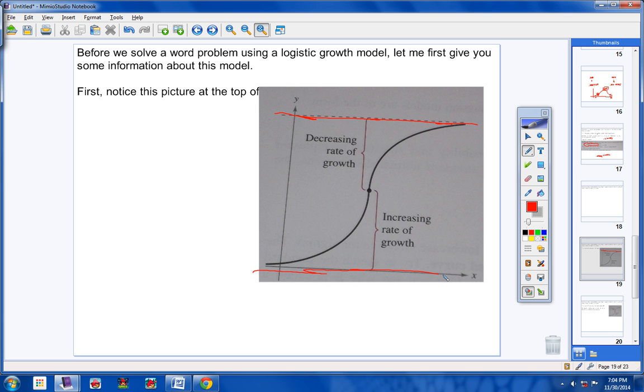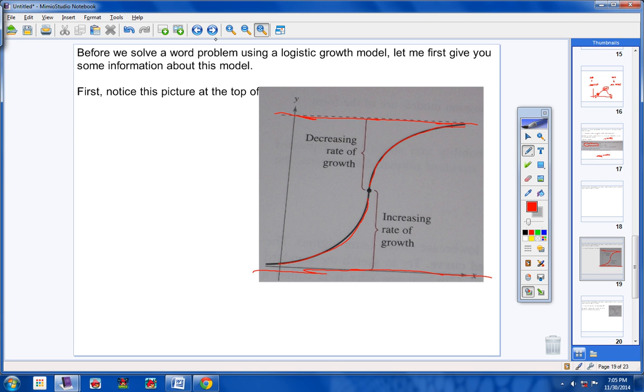Going left to right, it would increase quickly and then level off, or decrease quickly and flatten out, like this.